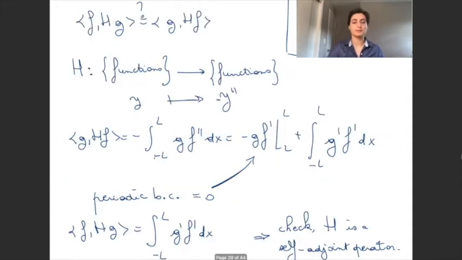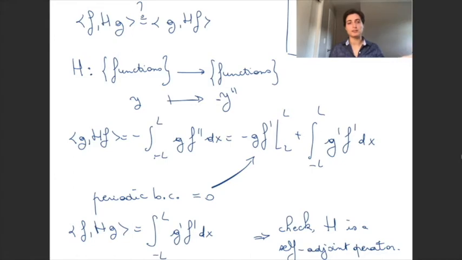So we define our operator H that goes from y to minus y second, of functions that satisfy boundary conditions to functions that satisfy boundary conditions. We haven't proved it's self-adjoint yet. And we want to see if the Lagrange identity is satisfied.